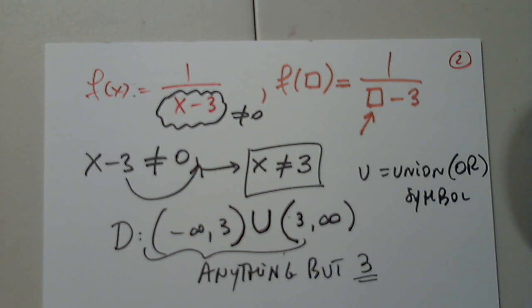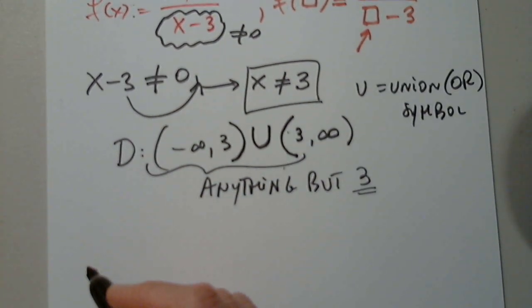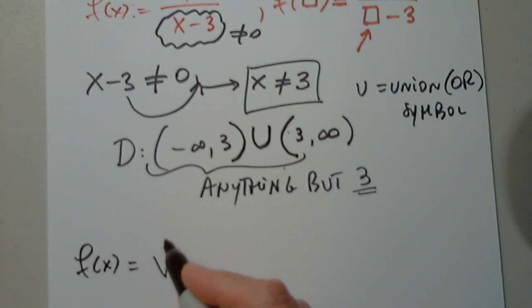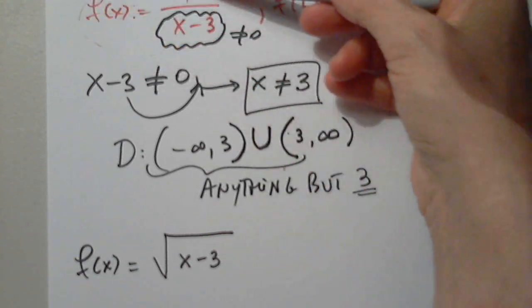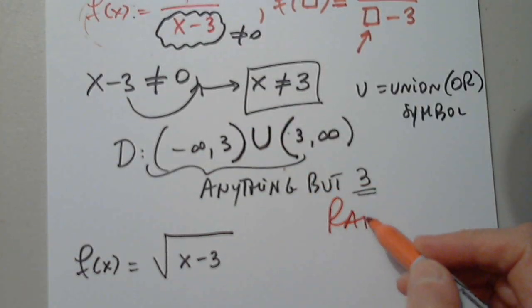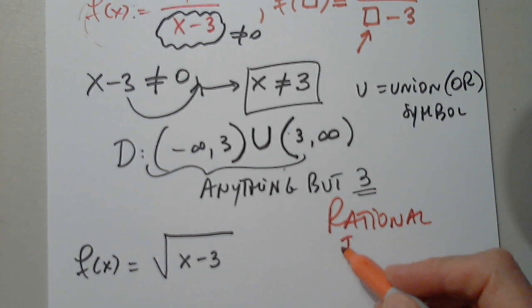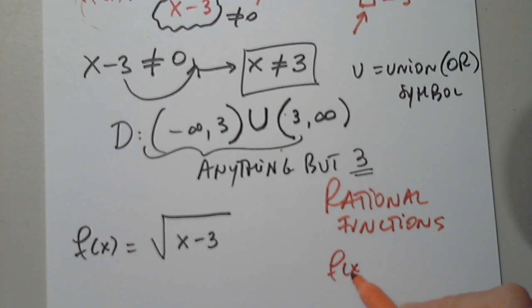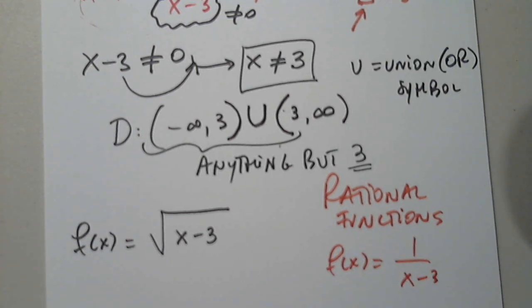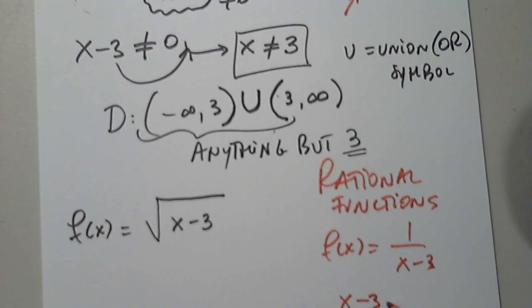Since we are here before we choose a piecewise defined function, what about a function like this? What could be the problem here? So basically, for rational functions like f of x equals 1 over x minus 3, the denominator cannot be 0.